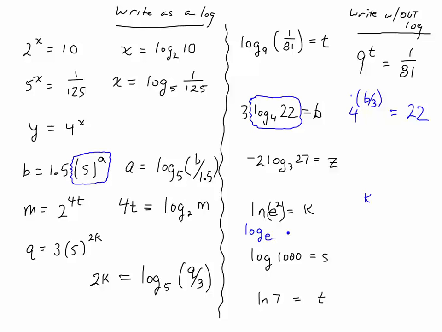Yeah, so this one's a little trickier. So k is the exponent of e that would give e to the 2. See what happened? This can distract you. Don't let the e squared distract you. K is the exponent of e that would give this. Therefore, e to the k is e squared, and k equals 2.